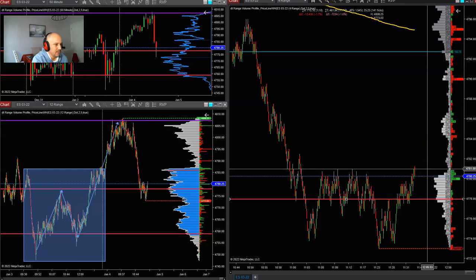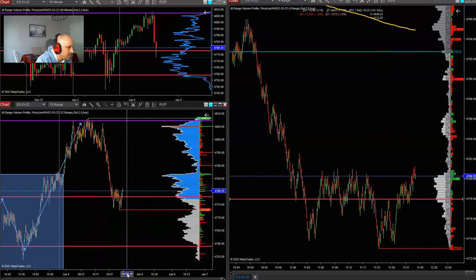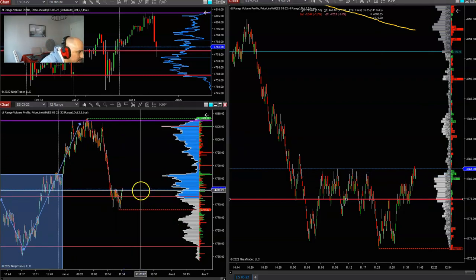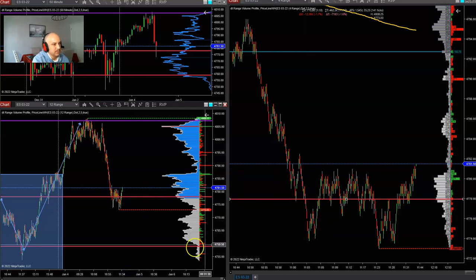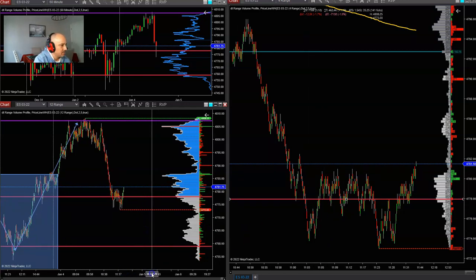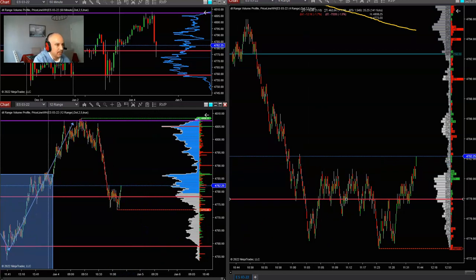Okay, still not breaking, right? I want to see it break higher. What I want to see here is a green candle closing above here on the 12 range. All right.